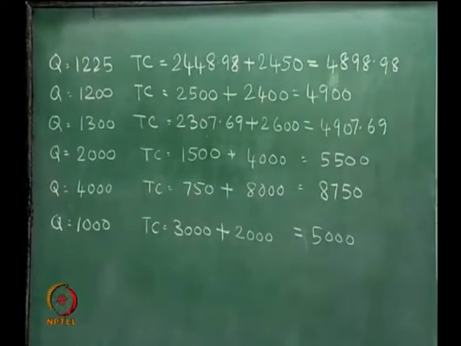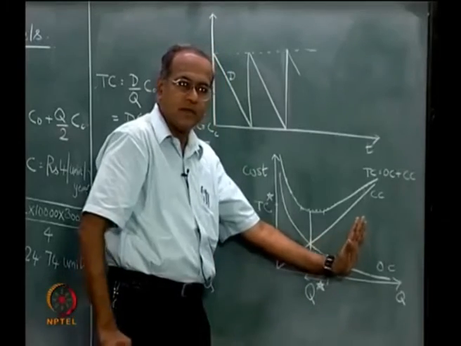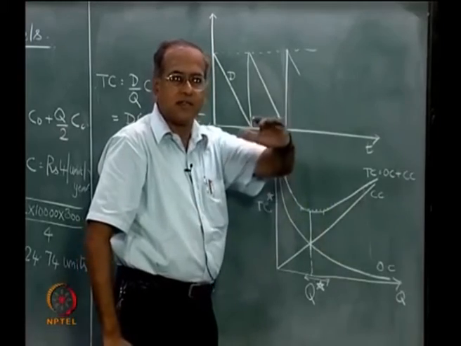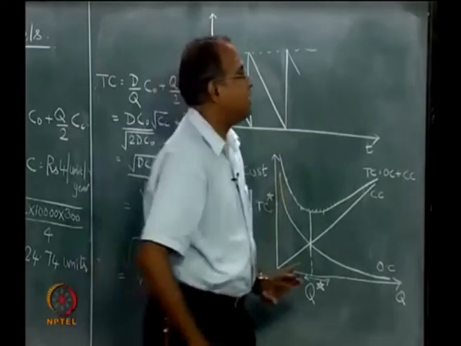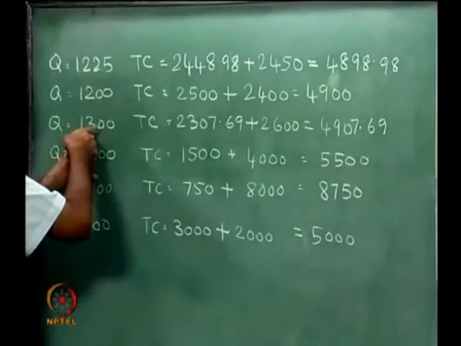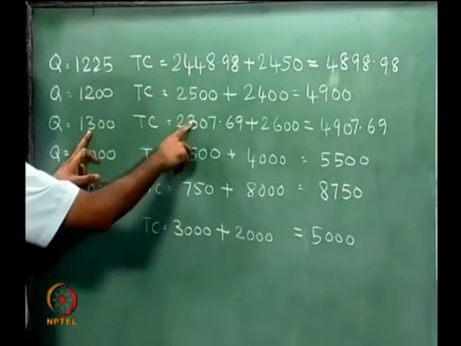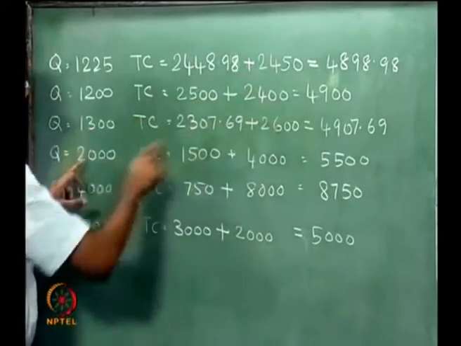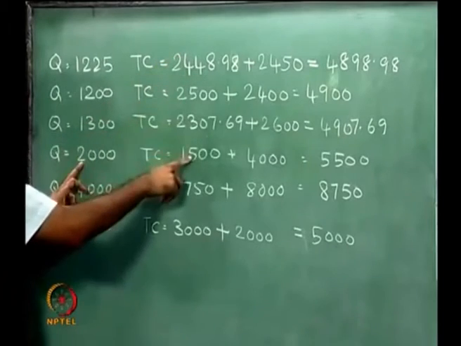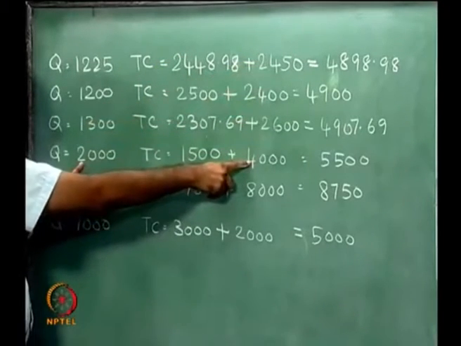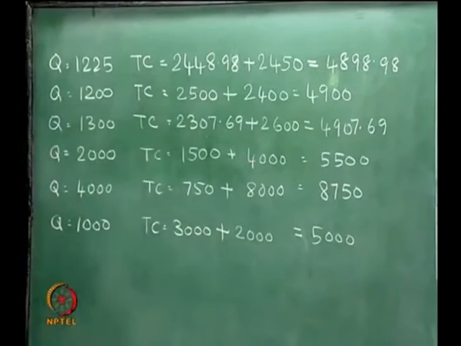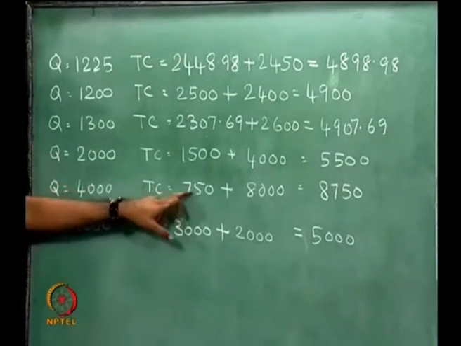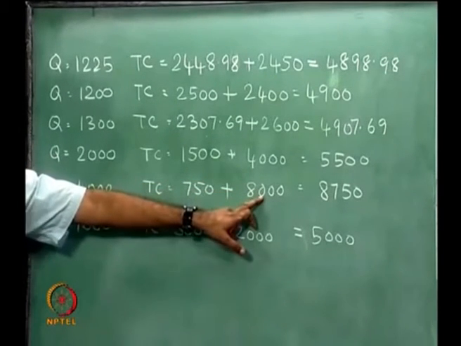As you move to the right of Q star, the carrying cost is going to increase, the order cost is going to come down. For example, if you look at 1300, order cost is coming down, carrying cost is going up. 2000, order cost is coming down, carrying cost is going up. 4000, order cost is coming down, carrying cost is going up more.